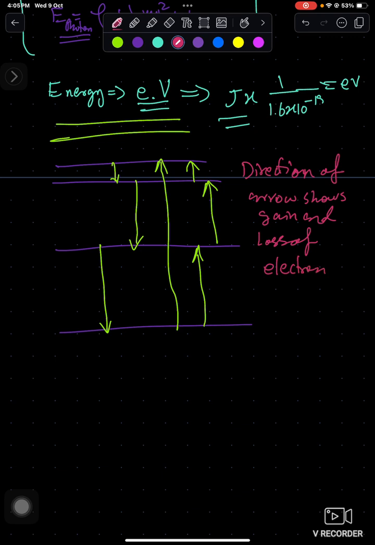And the simple example we take is of hydrogen. Gain and loss of energy of the electron.